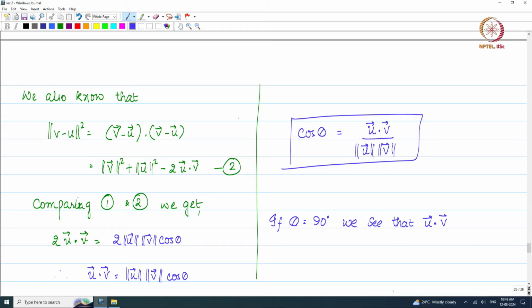That is already seen. Whenever the dot product is 0, that is if u dot v is 0, then u is orthogonal to v, that is it.